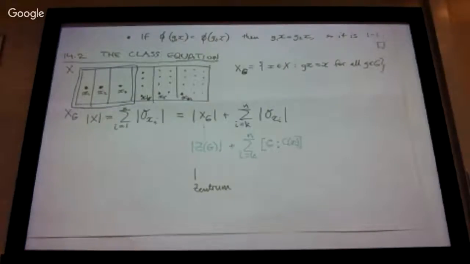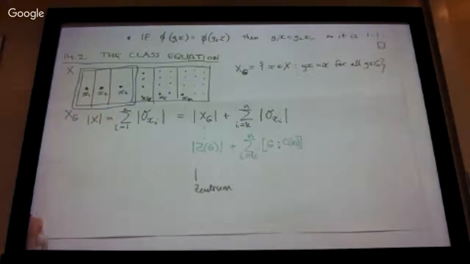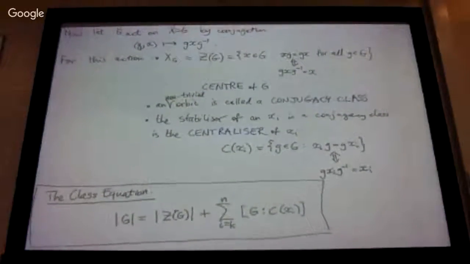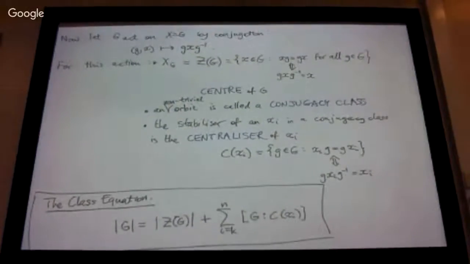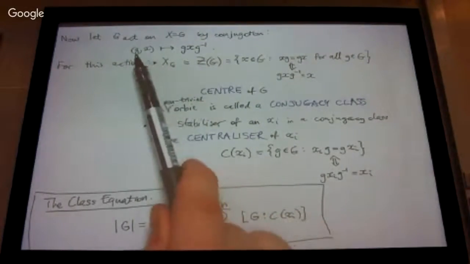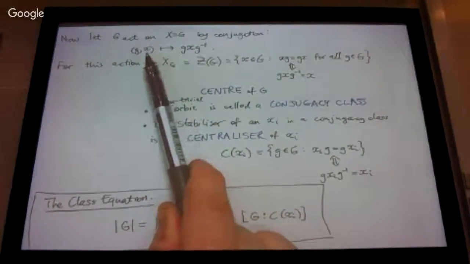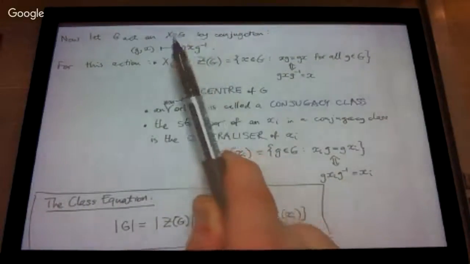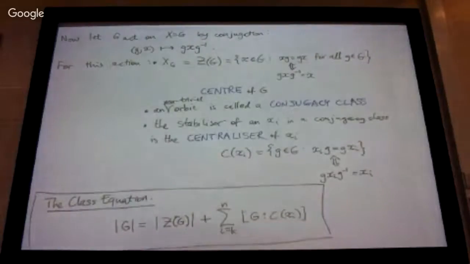Where are the definitions? Somewhere here there are the definitions. So the action is what an element of the group does to an element of X: it sends it to GXG inverse, because this set X happens to be the group itself.